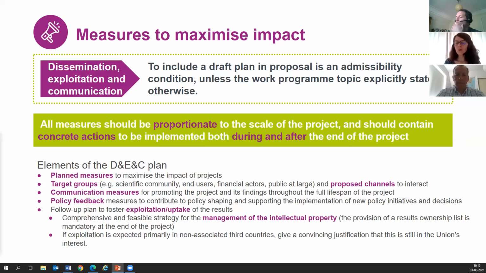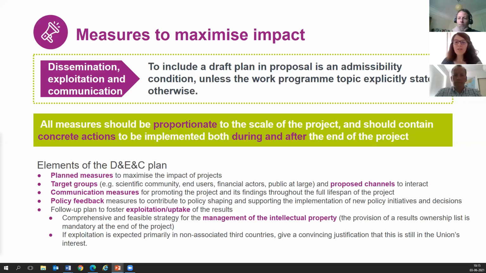What we also want to hear about is the target groups or users or stakeholders you want to reach. Those target groups could be really different, and here again it will have an impact on the plan measures you will develop, because of course you don't address the same way the scientific community, that you could address through publications or scientific conferences.